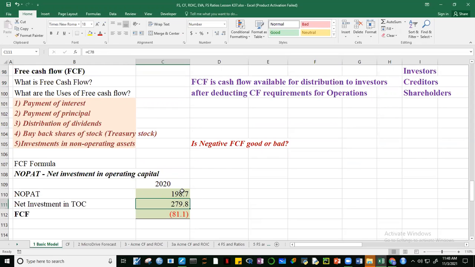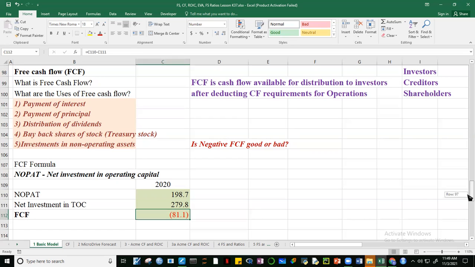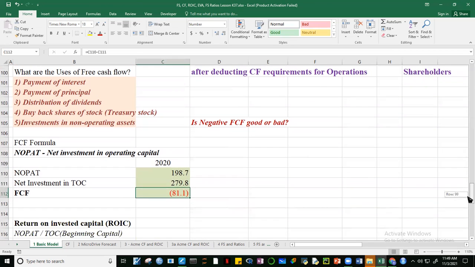In fact, their NOPAT is also okay. Of course, guys, the ultimate is to compare the NOPAT and the net investment with other companies, and of course compare this also with the previous year. But at face value, we cannot say that a company has a bad FCF if it's negative.